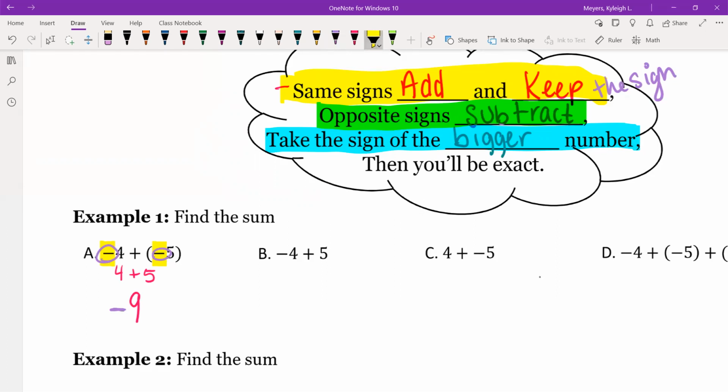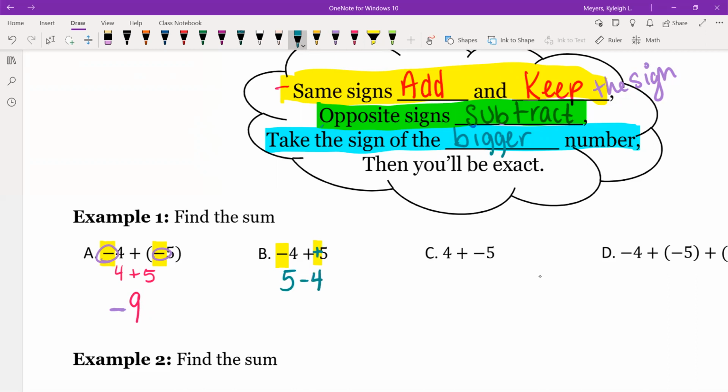Okay? Let's look at B. We have a -4, and if there's nothing in front of the 5, it's an assumed positive sign here. So we have a negative and a positive. These are opposite signs, so we're going to subtract them. So I might actually rewrite this as 5 minus 4.